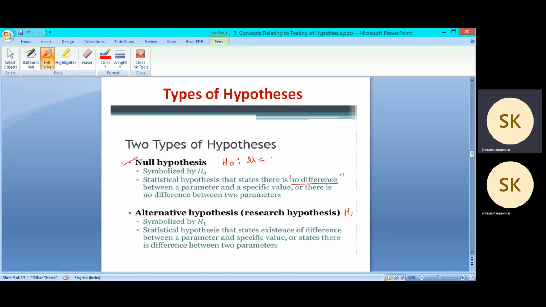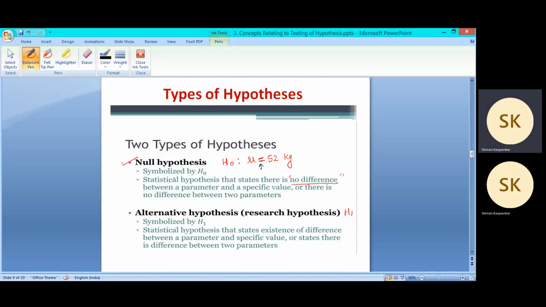Suppose the average weight of students in a particular class is 52 kg. That is equal to. What do we mean by no difference? No difference means there will be an equal to sign only.